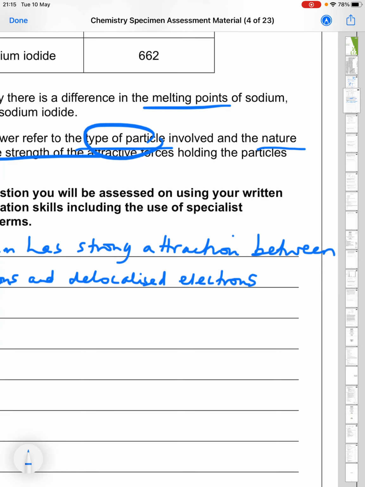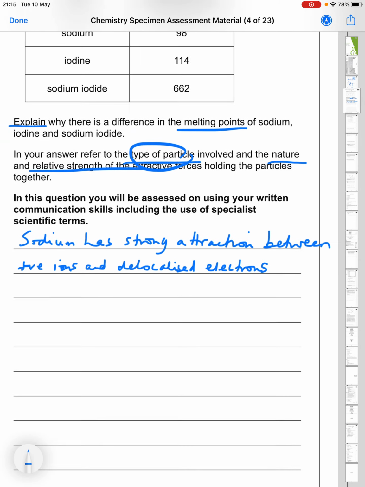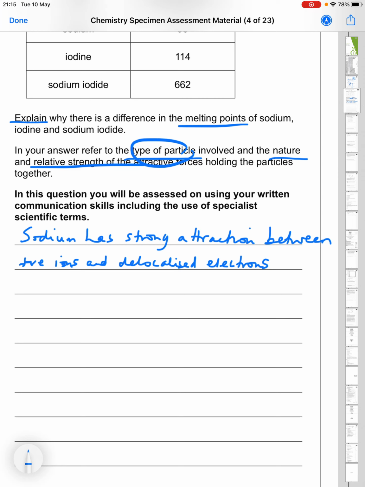So that's the type of particle. And then the relative strength of the attractive forces. So we need to say what the attractive forces are. And this is metallic bonding.